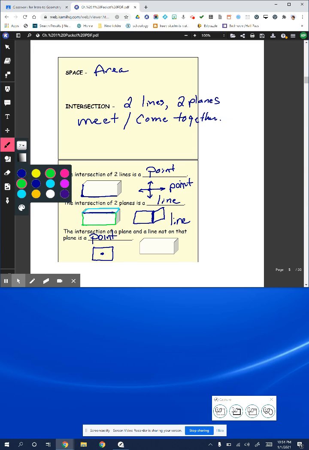Let's say I have an arrow and I'm shooting it right through this box. Here's my first plane on the top. If I go through that, it's going to make a hole right there. It's a point. And then when I go through the bottom, it's going to make a hole. That's another point. So anytime I have a line that's not inside the plane, that's coming through it, like coming through a piece of paper, then I've made a point for my intersection.